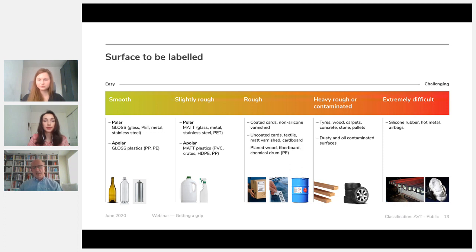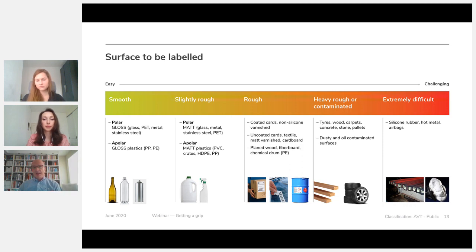You can imagine if a substrate is smooth, it's relatively easy for the adhesive to stick to because it just needs to flatten itself out onto a smooth surface. On the other hand, if you have a very rough surface, such as wood, carpets, or pellets, then the adhesive needs to do a lot more work to flow into the valleys of the substrate.